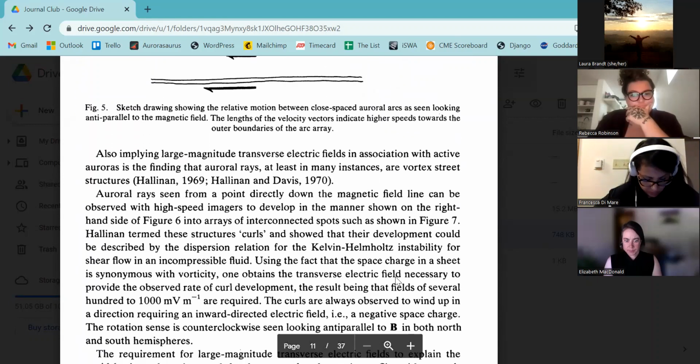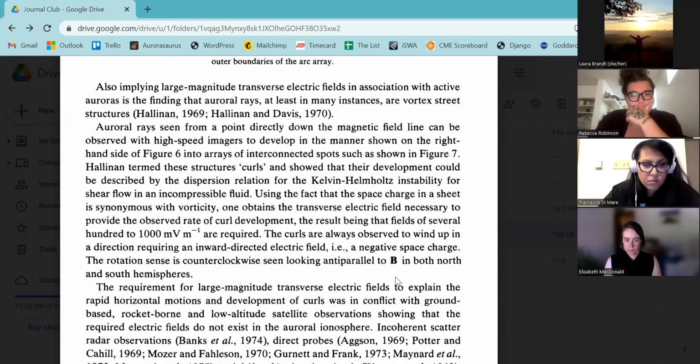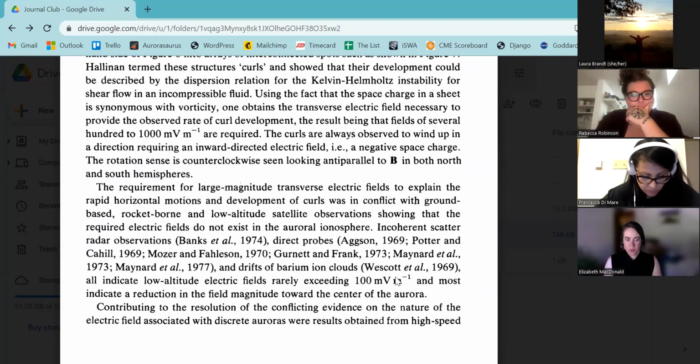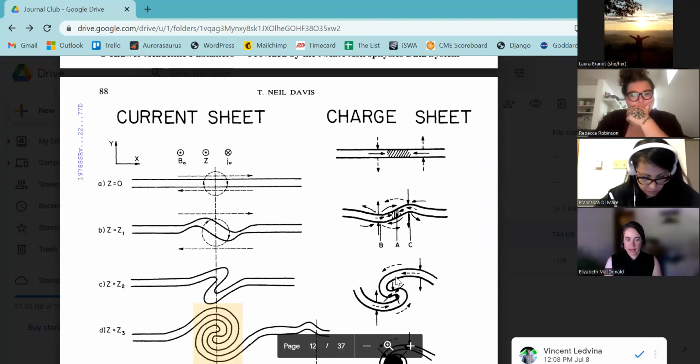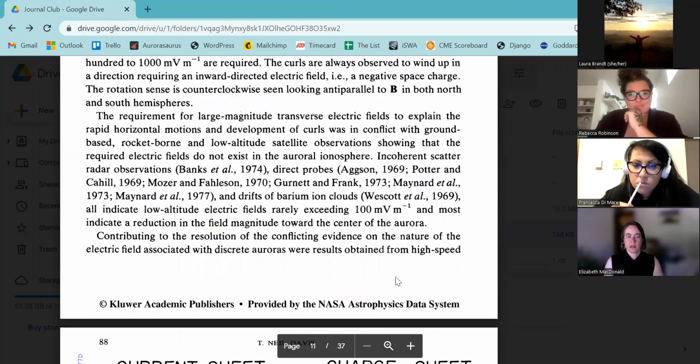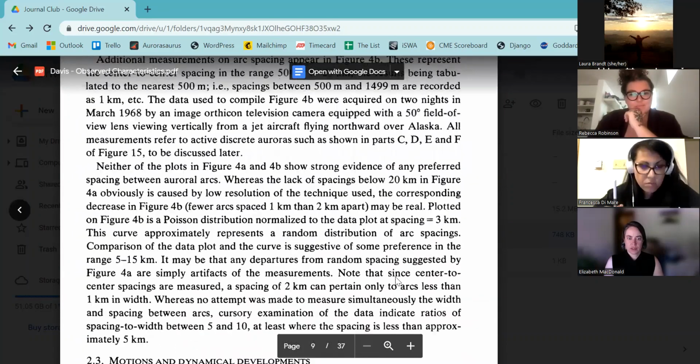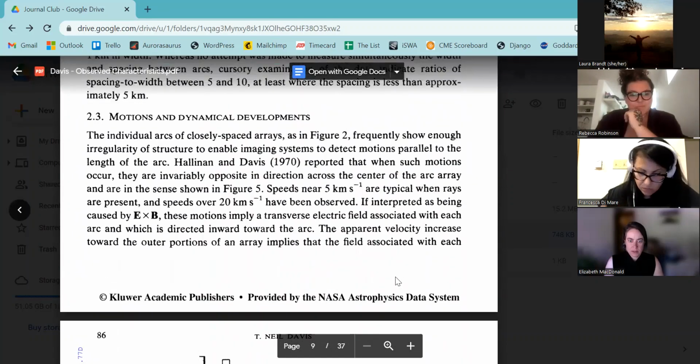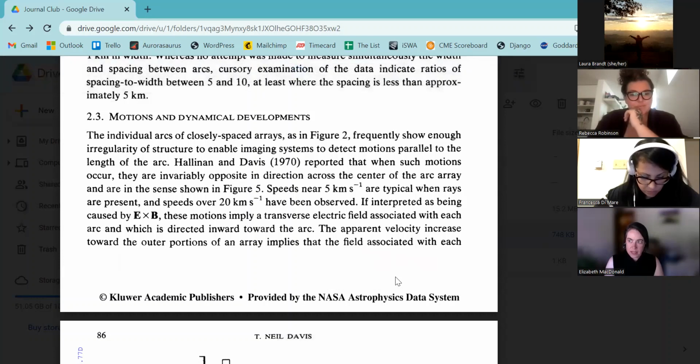And then we talk about the curls and the spirals. So I think we'll skip the section on the spacing and go to this section on the motions and dynamical developments. Does anybody want to read that?